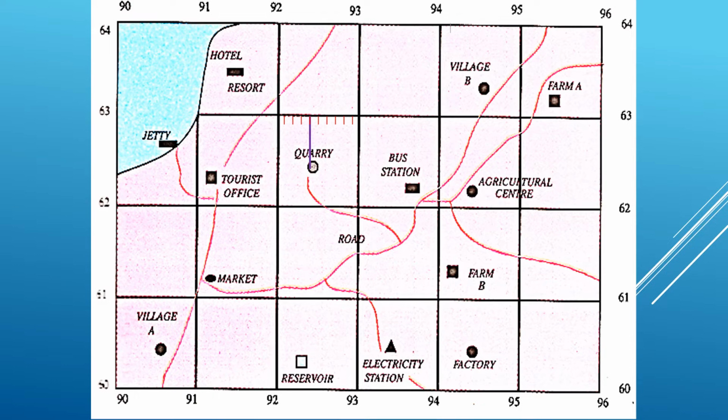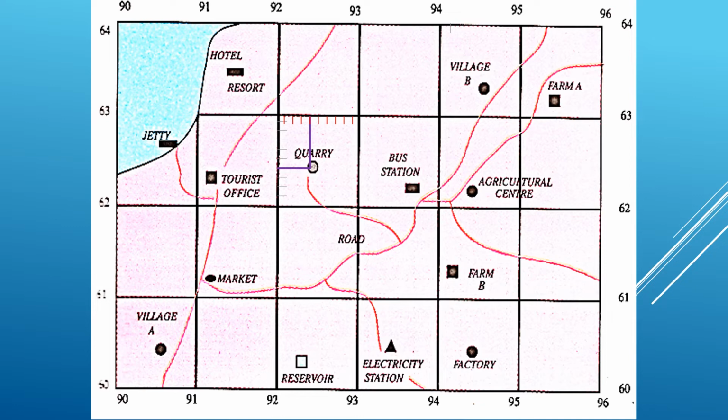So here are our markers: 1, 2, 3, 4, 5, 6, 7, 8, 9. Of our 9 markers, let's see which one is in line with the quarry. We count again: 1, 2, 3, 4, 5, 6, 7, 8, 9. We can see that the 4 is actually in line.